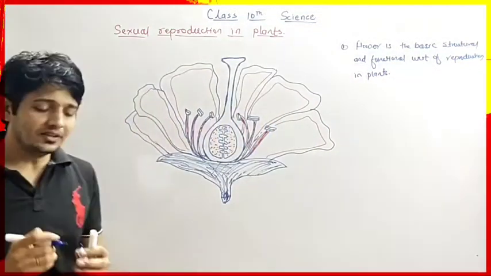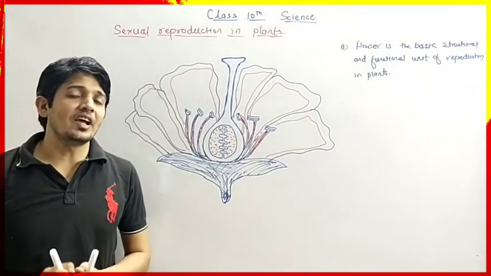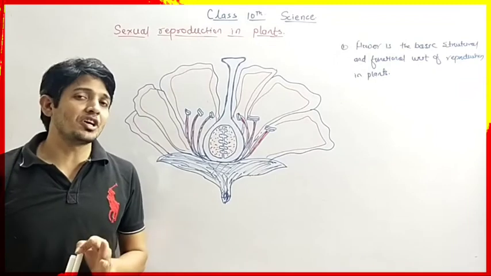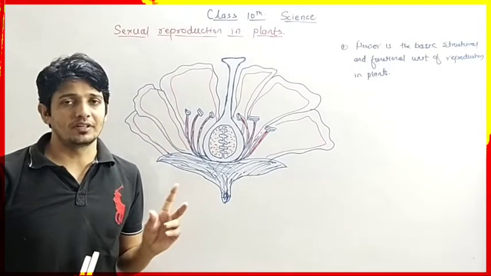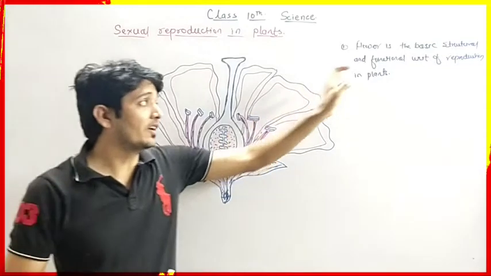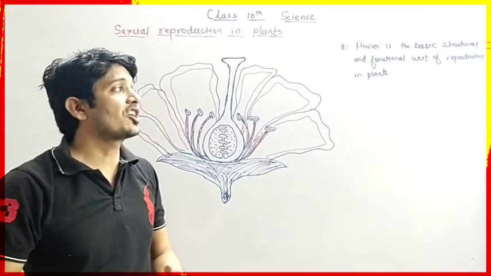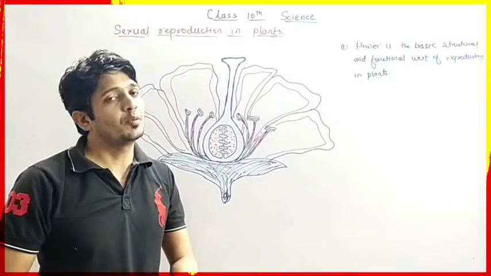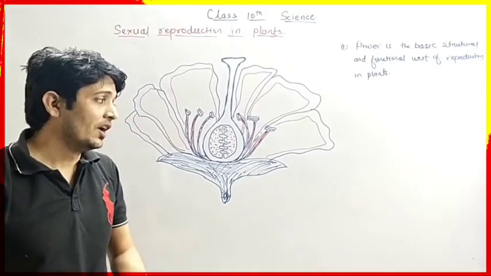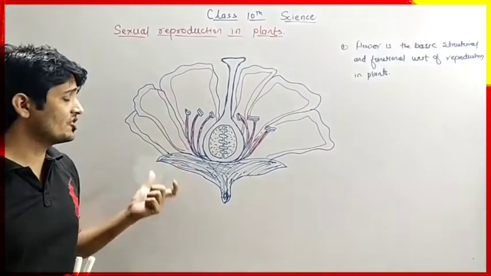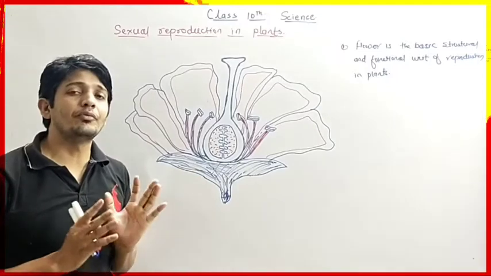In plants, the basic structural and functional unit for reproduction is nothing but the flower. Okay, so let's understand, this is nothing but the flower.